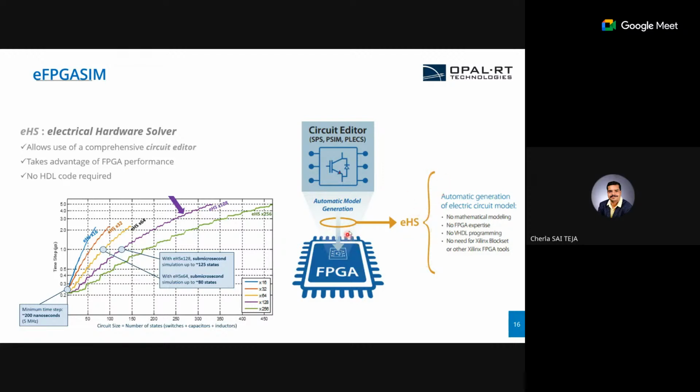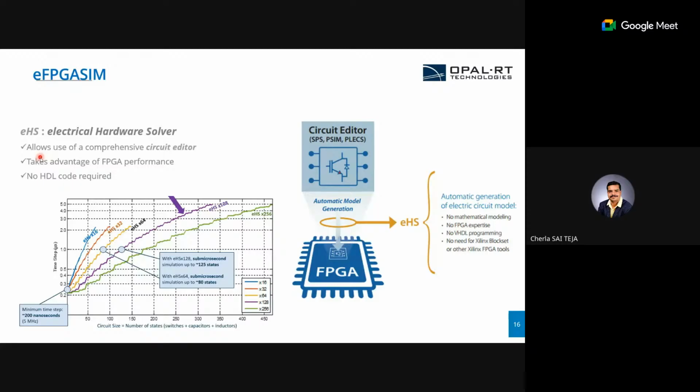So even though one doesn't have knowledge of all these, we need not have knowledge of the mathematical modeling or FPGA expertise or VHDL programming. We'll just do our converter and motor connections in the normal SPS based modeling. This solver will ensure to convert it and make it run on FPGA. It will take care of your model code generation, which can happily run on this FPGA processor.